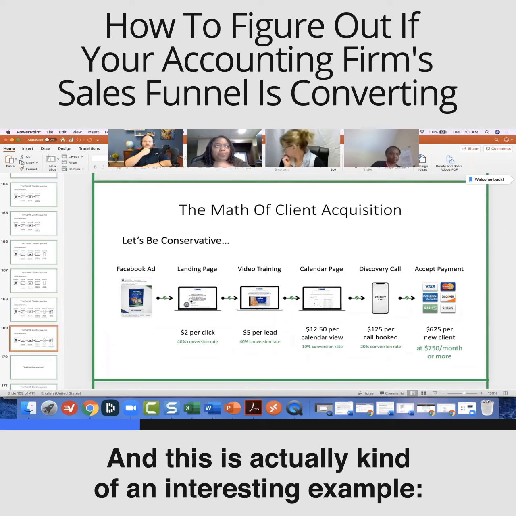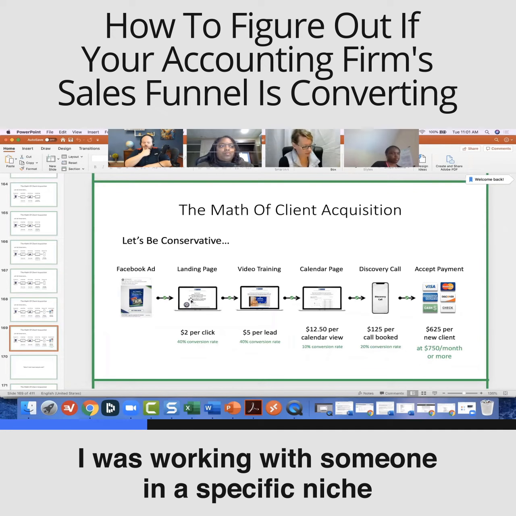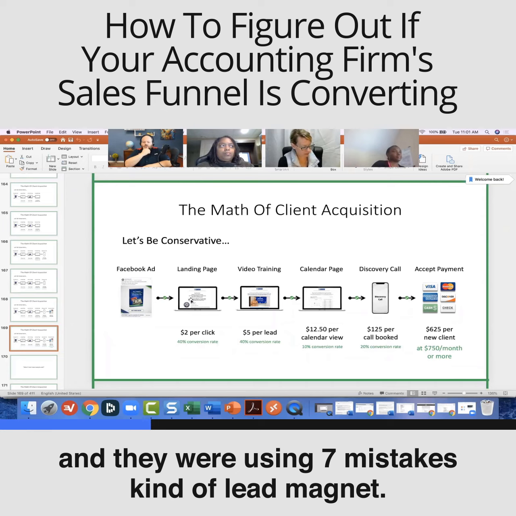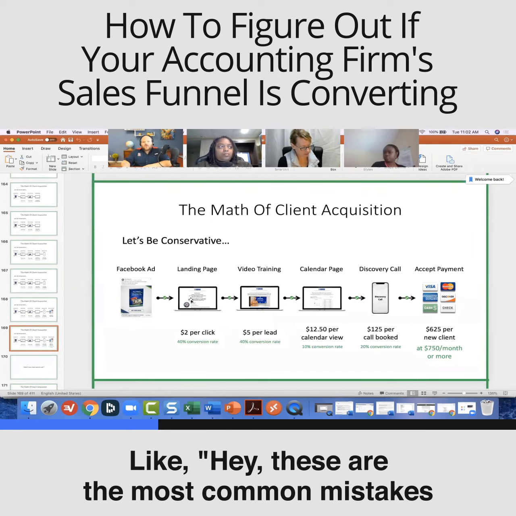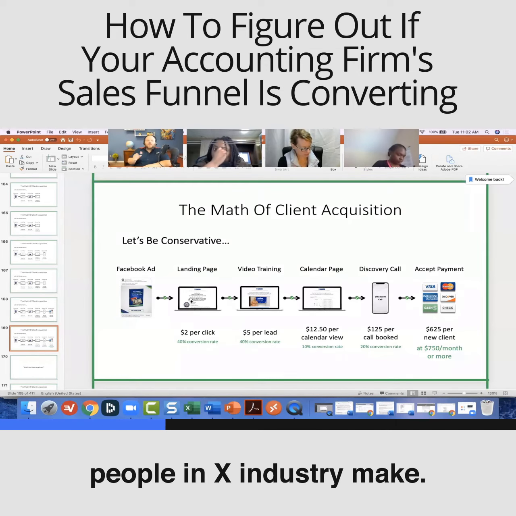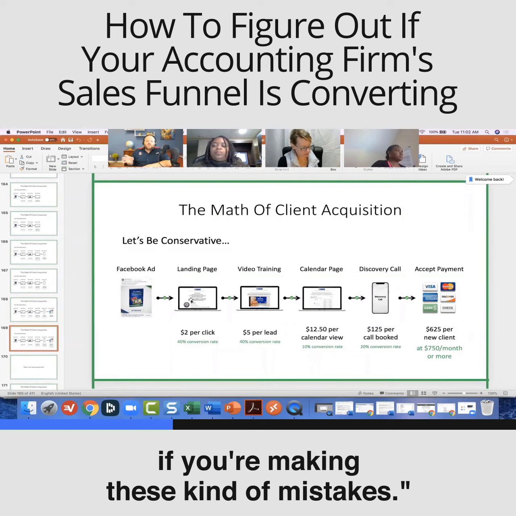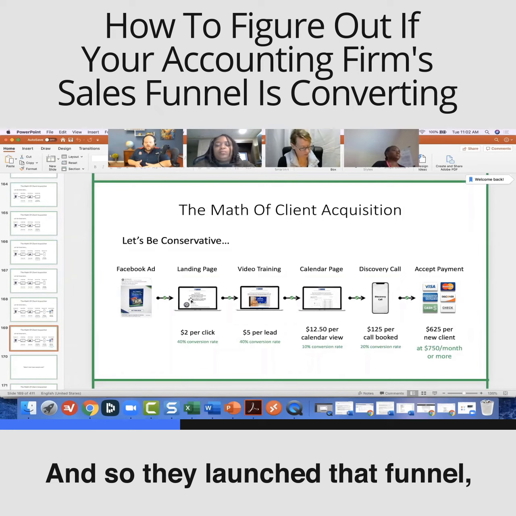And this is actually kind of an interesting example. I was working with someone in a specific niche, and they were using a "7 mistakes" kind of lead magnet. Like, these are the most common mistakes people in X industry make. Download this book to figure out if you're making these kind of mistakes. And so they launched that funnel.